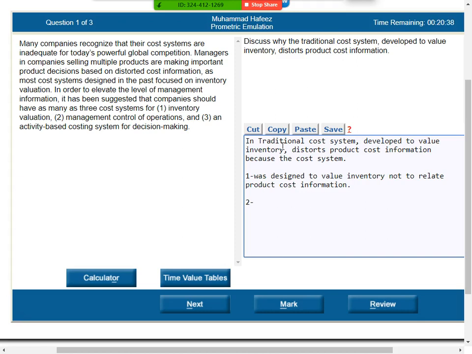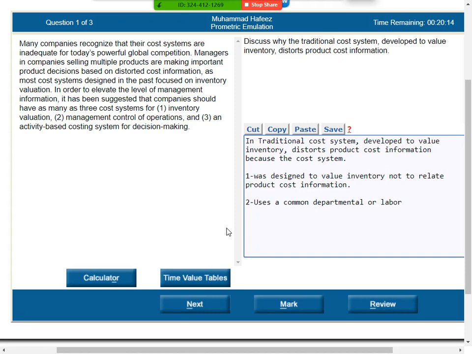Second reason why this cost system fails is why it results in distortion. It uses a common departmental machine hour basis or labor hour basis or labor hour, or sometimes labor cost base also. You can also take dollar based cost driver also.